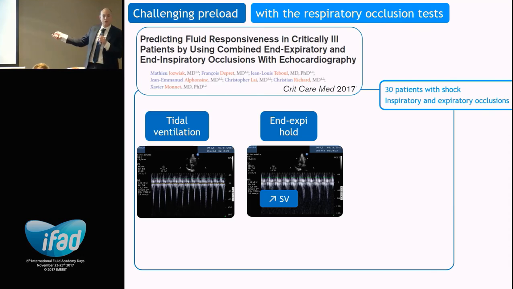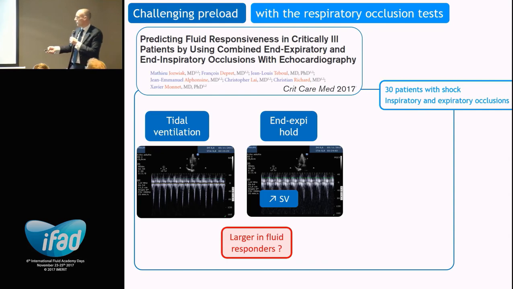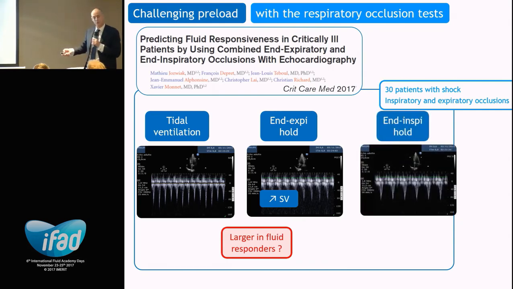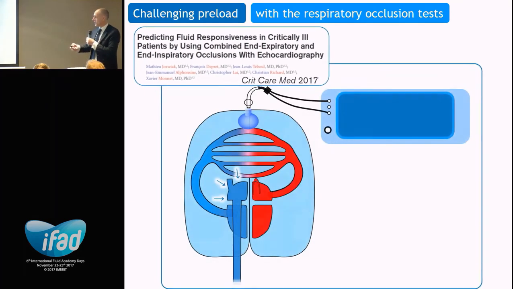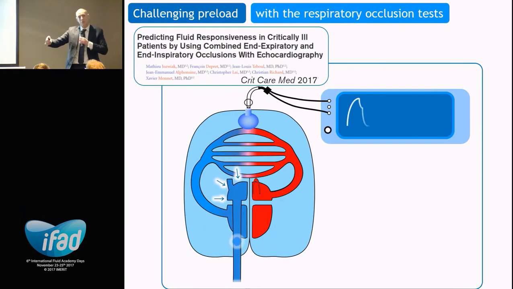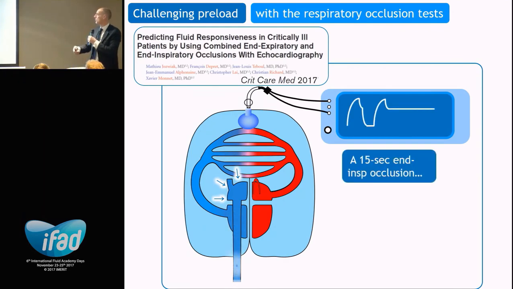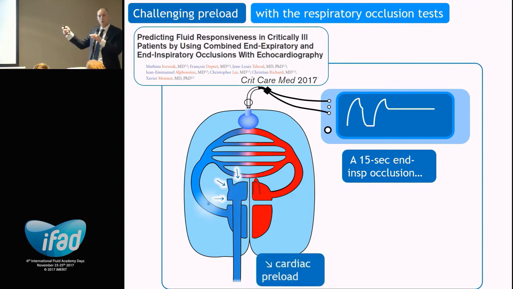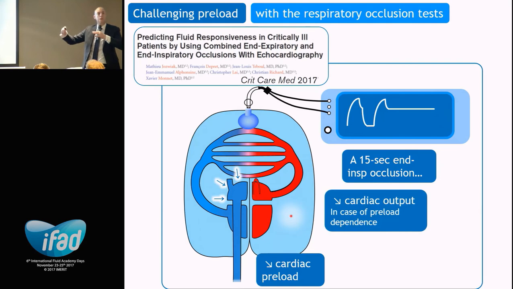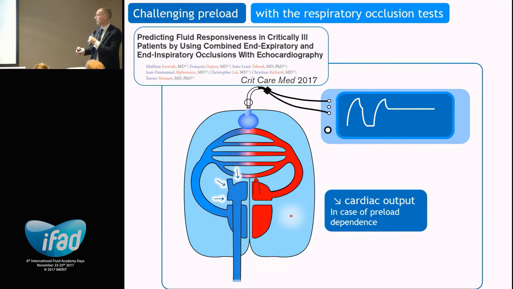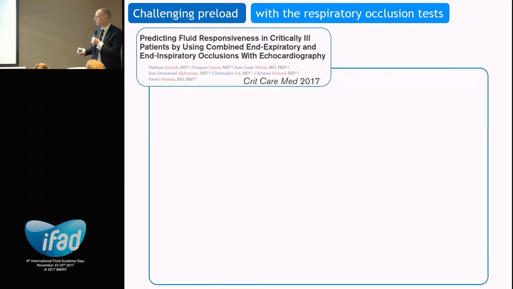We expected that during end expiratory holds, the VTI would increase more in responders. But we also performed some end inspiratory holds, and we expected that contrary to end expiratory holds, during end inspiration, for a few seconds, preload would decrease, and so it would decrease cardiac output more in responders than in non-responders.